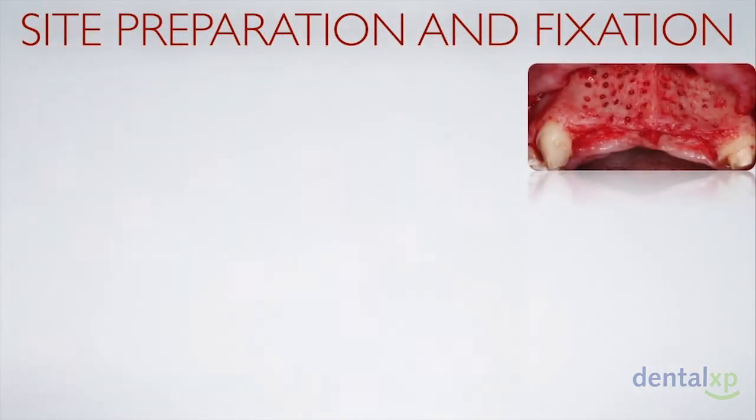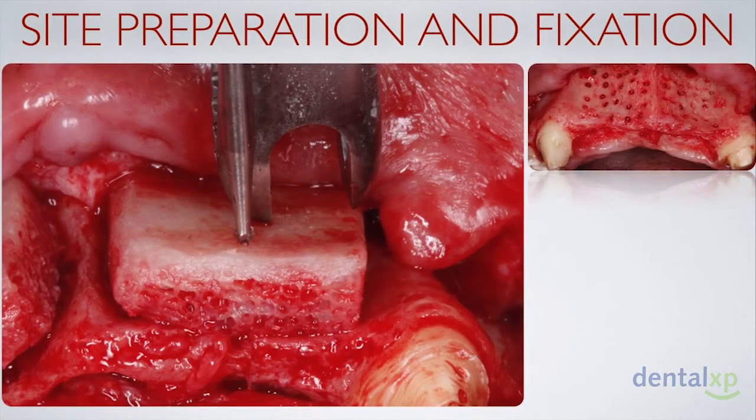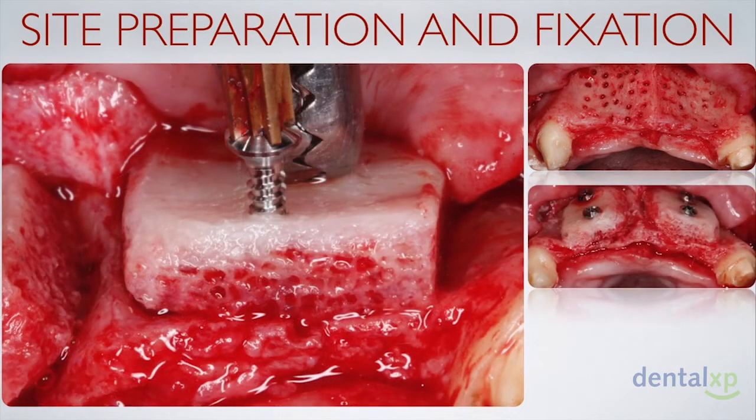We then proceeded with the recipient bed preparation to receive those blocks, and we started off with selective cortical penetrations to allow for increased vascularity and cellular migration into the wound site. The block was fixated.